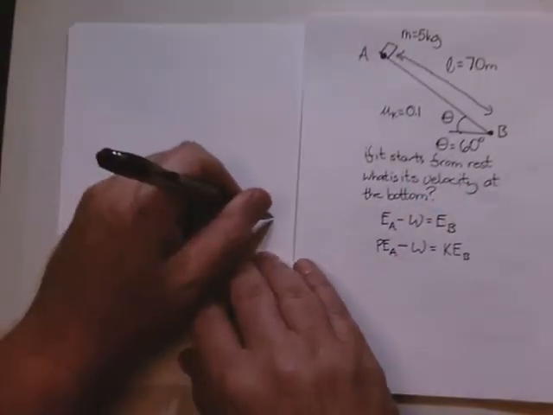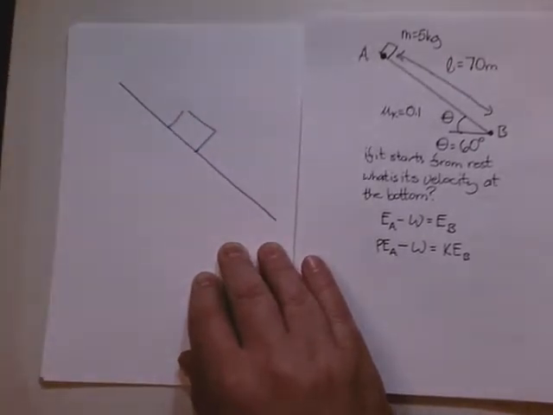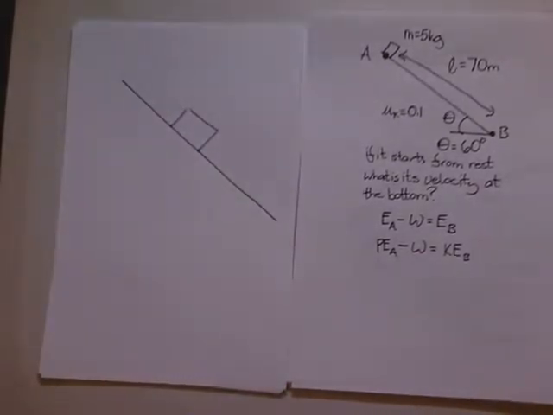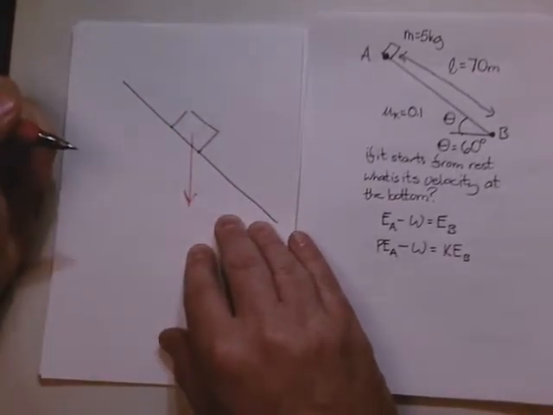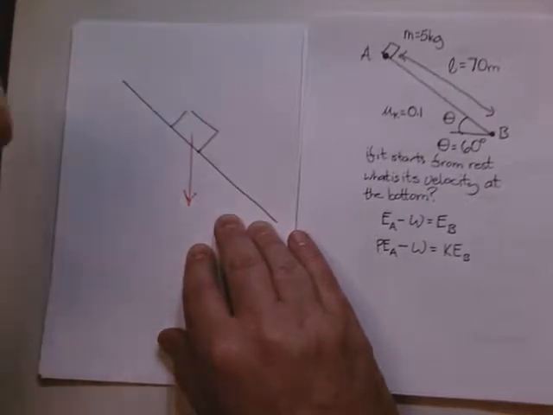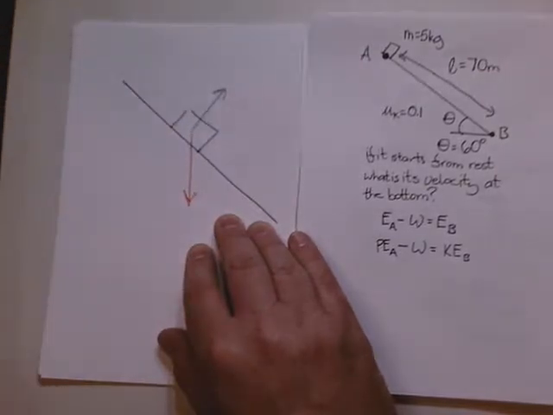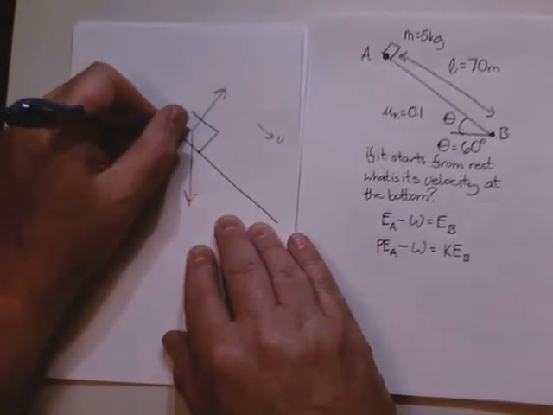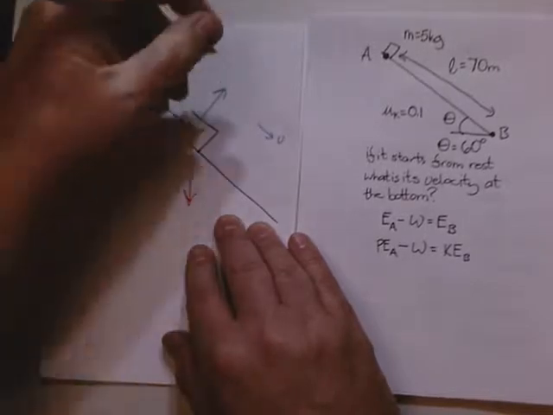Now this is the inclined plane and that is the object. Now, the force of gravity is still like that. But I know that the normal force is like this, and because velocity is going down the hill, the friction force is like that.